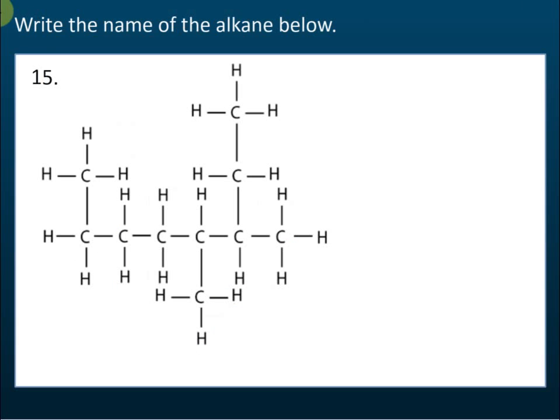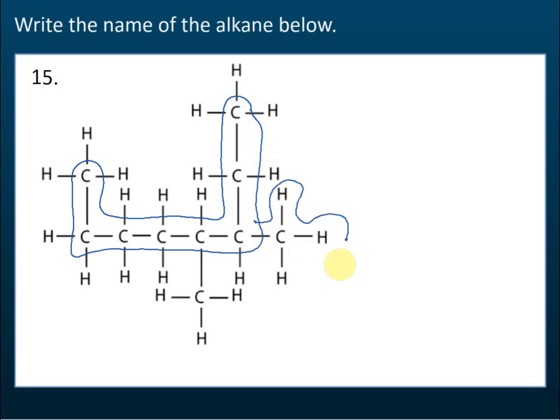Next, the longest chain. This one is quite confusing actually. This is the longest chain, and this is the branch. The branch is attached to 1, 2, 3, 4. 3, 4.